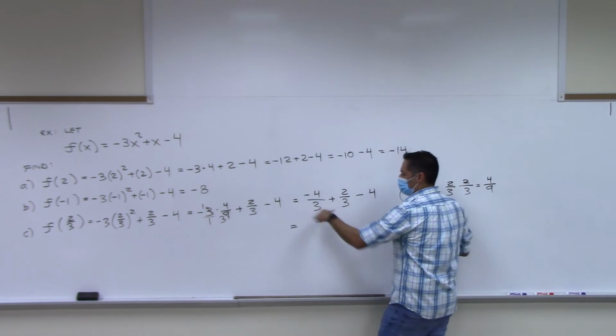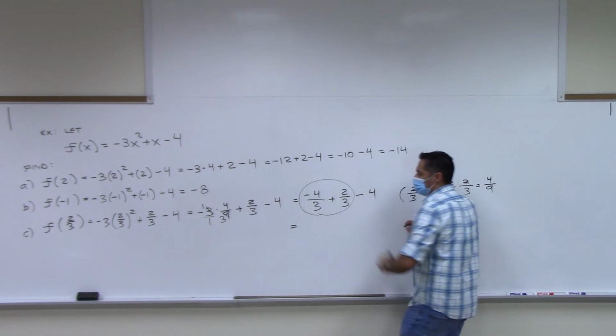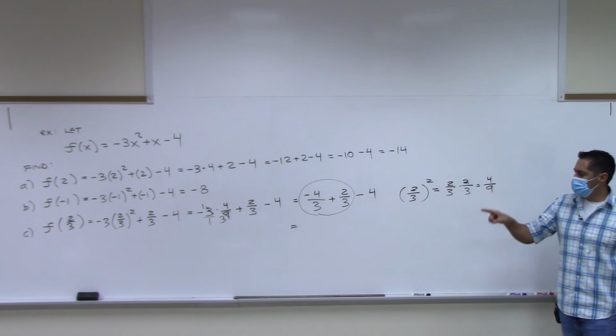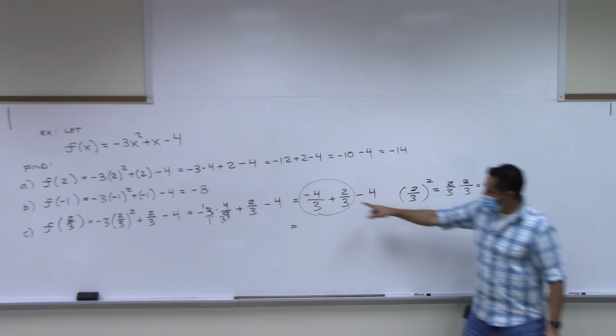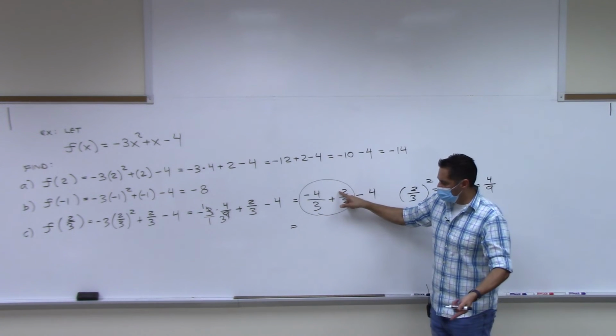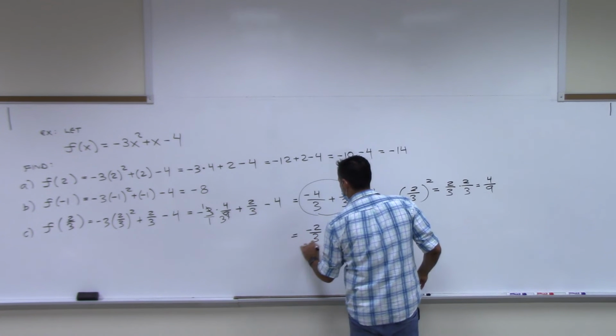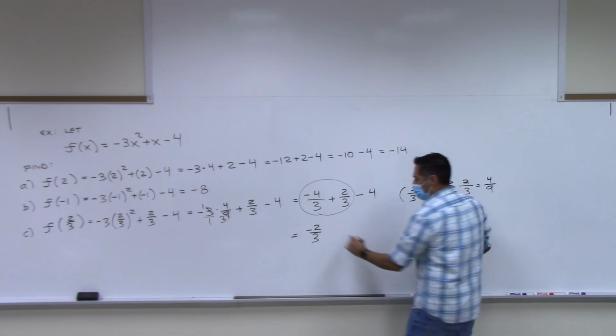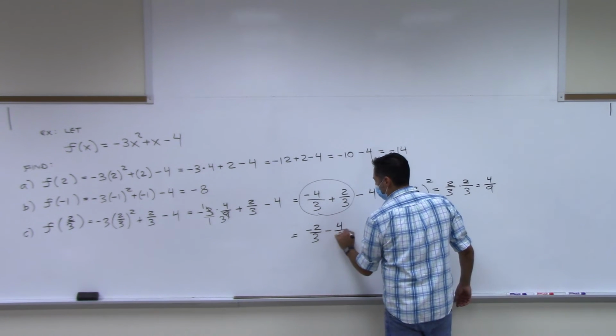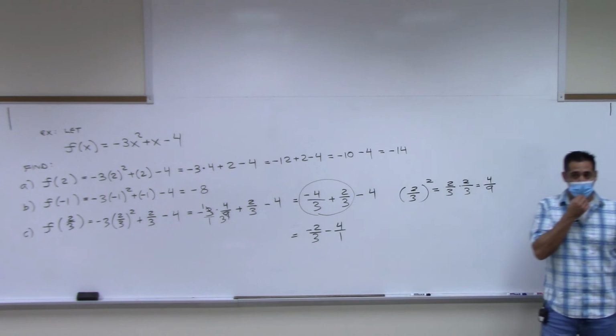And then here, we can put these two together because they have the same denominator, right? So all we do is take -4, add 2, and that gives you -2/3. And then I have to still take away 4. So I'm going to rewrite 4 as 4/1 so I can start to get another common denominator.